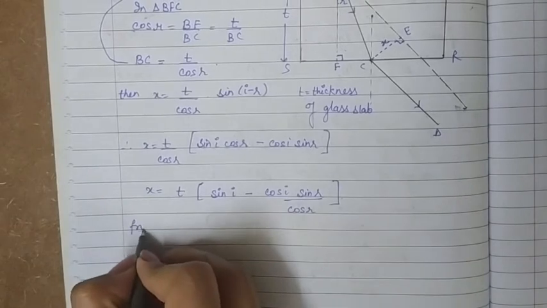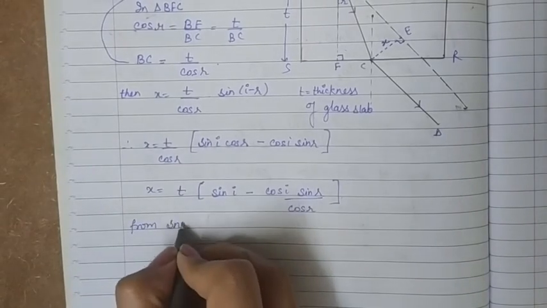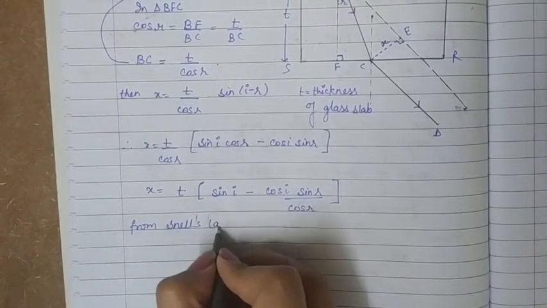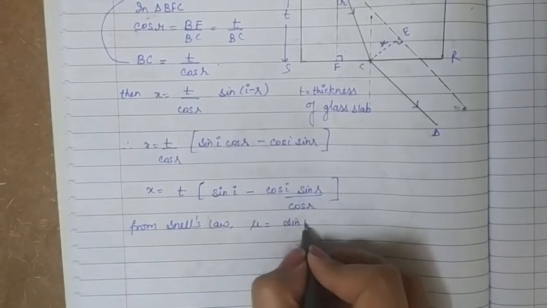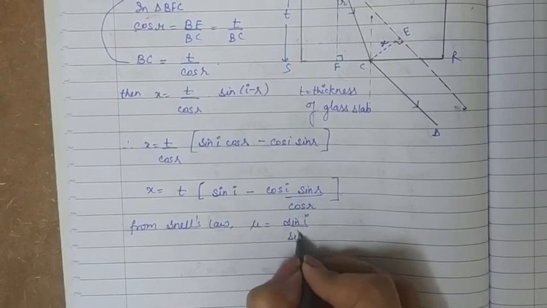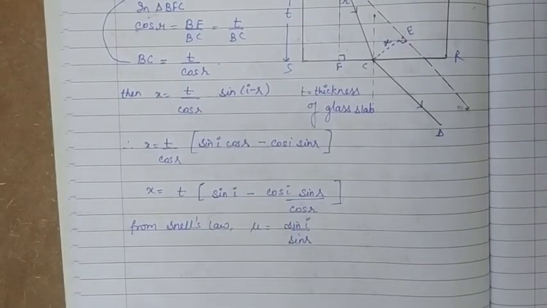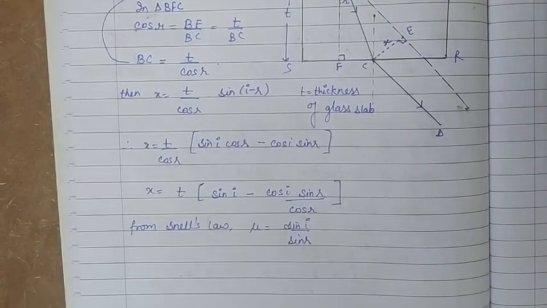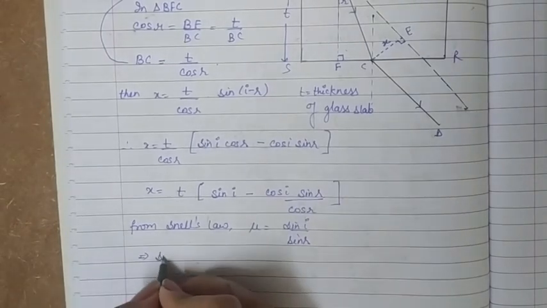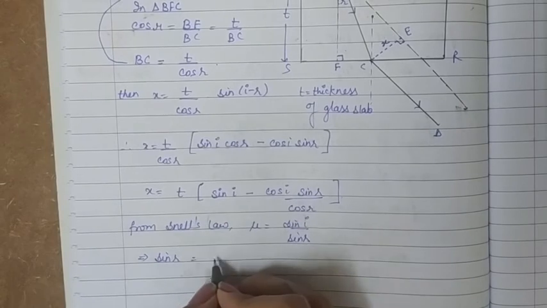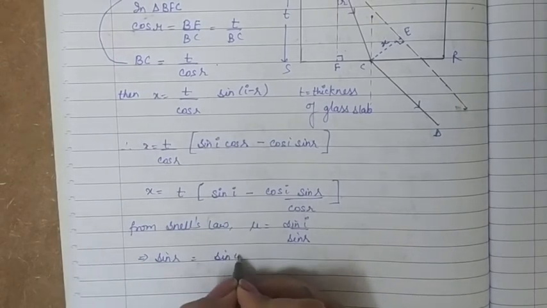So from Snell's law we have refractive index mu is equal to sin I upon sin R, and according to this sin R will be sin I upon mu.